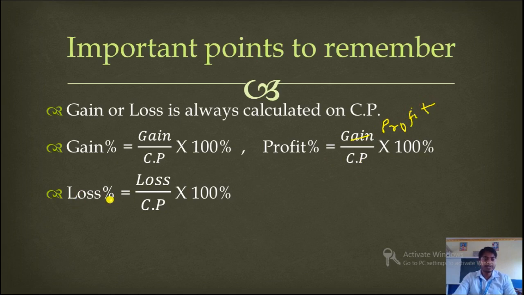Now loss percent is equal to loss by CP into 100%. Here also you can see CP. So CP is a very important term. Everywhere we have to use CP, whether it is gain percent, gain, loss percent or loss. Understood?